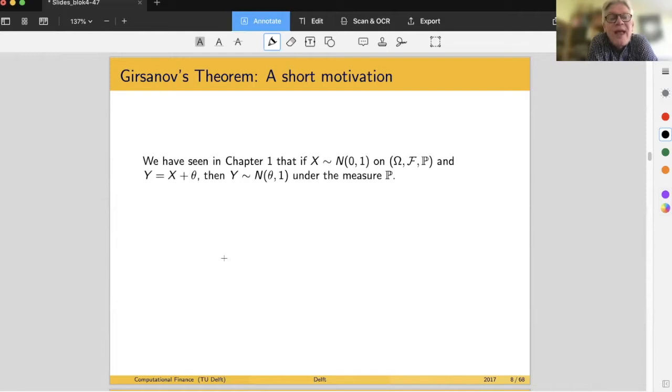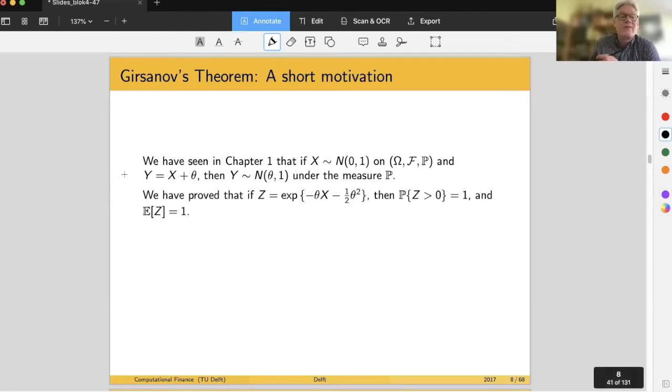If X is standard normally distributed, so with mean 0 and variance 1, on the probability space (Omega, F, P), and if we define another random variable Y equal to X plus theta, then of course Y is also normally distributed, but now with mean theta and variance 1 under the measure P.